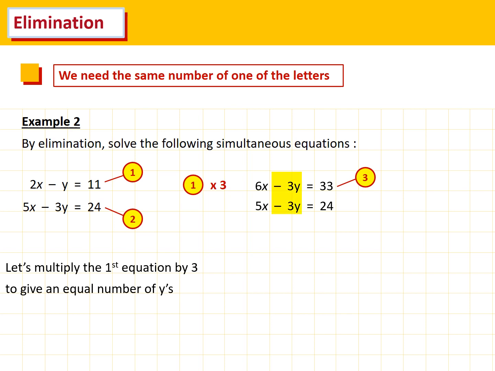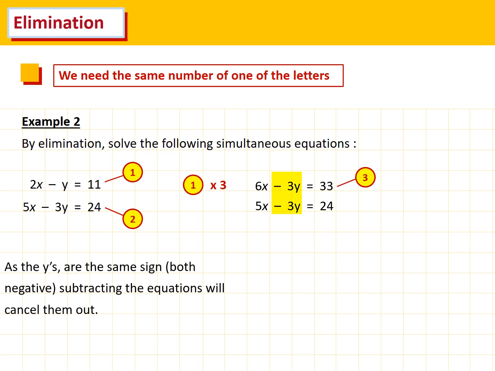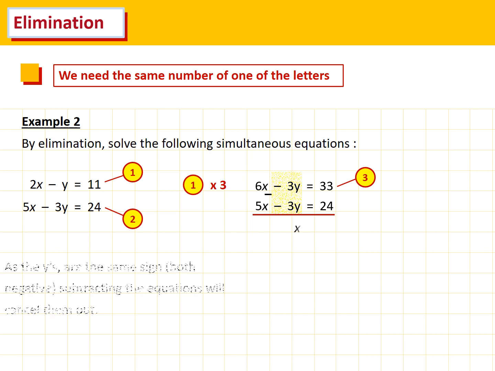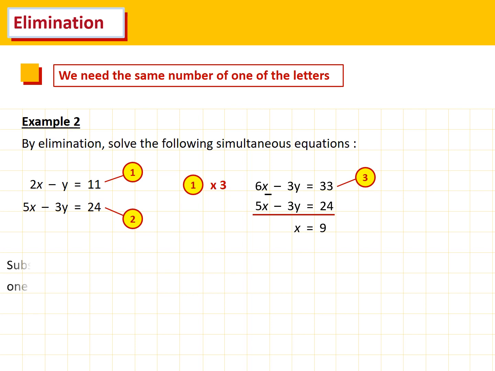We now are looking at the y's as they are the same and the signs are the same. They're both subtract 3y. So the signs are the same, therefore we subtract the two equations. And when we subtract the two equations, we end up with x equals 9. We now substitute x equals 9 into one of the equations.